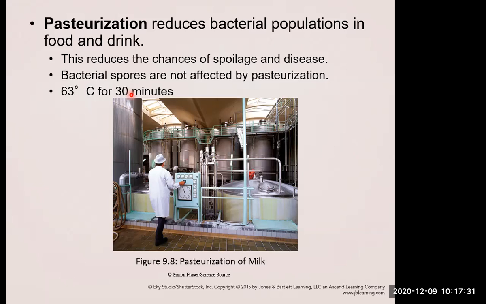What do we call pathogens that are going to infect us so they can survive within the temperature range that humans are in? Right, mesophiles. And so mesophiles are going to survive up to about, I think it was 45, 46 degrees Celsius. So if we can heat our foods, our juices, our milks up to 63, we're going to get rid of most of the pathogens that would hurt us. Not everything, but most of it.